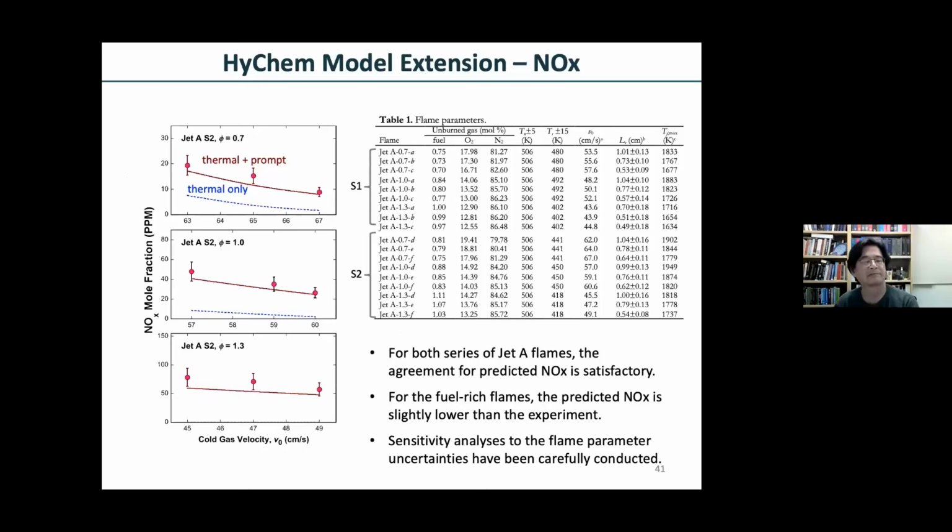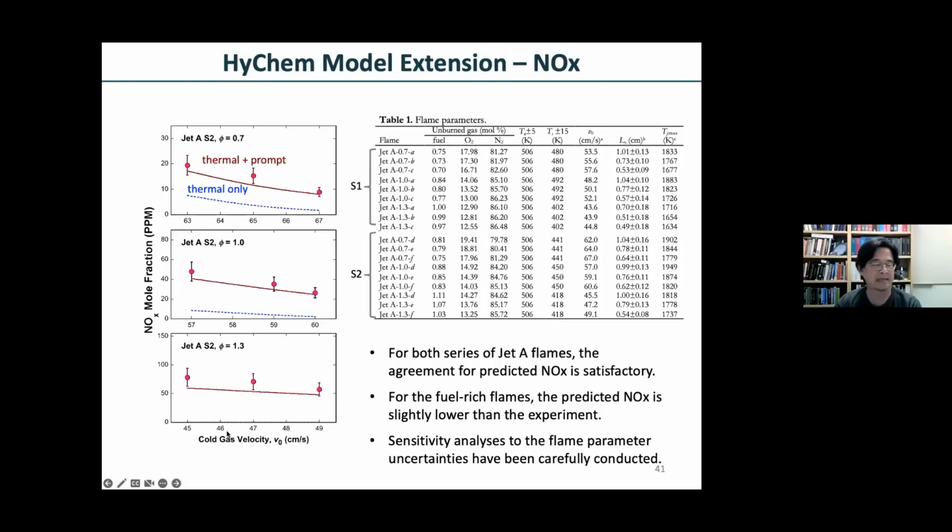Can HyChem do NOx? Yeah, when we take an existing NOx mechanism from Peter Glarborg, published very recently, and slap it into the HyChem model, we can reproduce NOx concentration measured in our premixed flame. And those are the symbols here as a function of cold gas velocity.